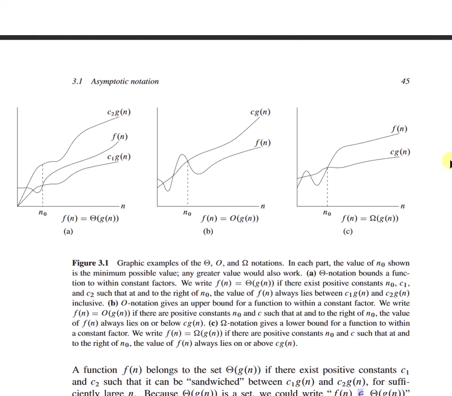So omega is like the lower bound, O is like the upper bound, and theta consists of upper and lower bounds.